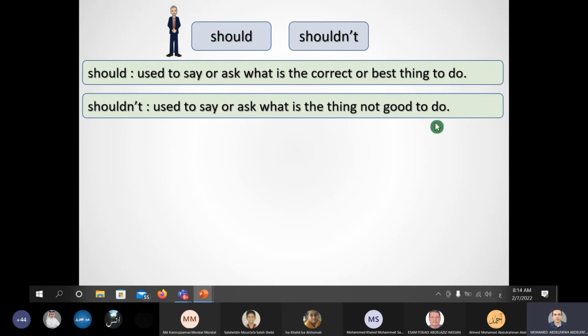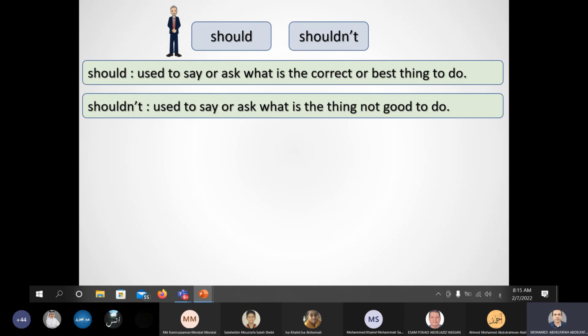For example, you should study your lessons. This is good. This is the best thing for you. When I say to you, you shouldn't stay up too late, that means you have to go to bed. That means that thing is not good to do.